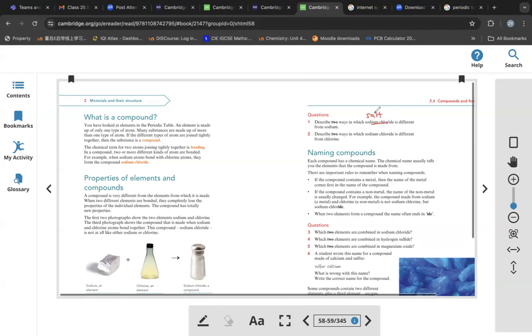This one can dissolve in water. But this sodium, when you add it to water, it will explode. This is one way. You want to write this down first, and then I will show you the video. What happens when sodium is added to water?